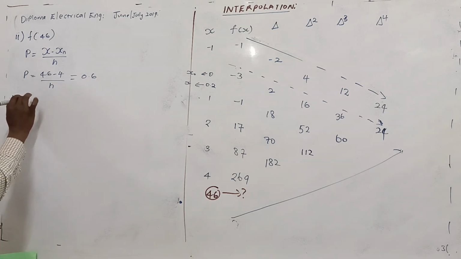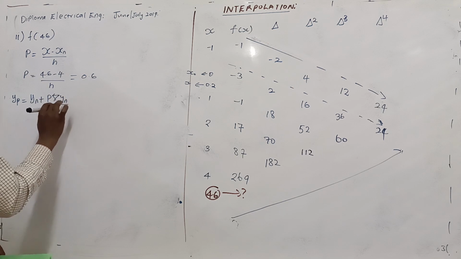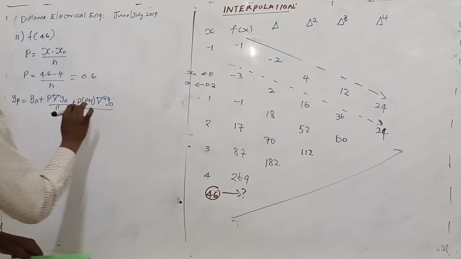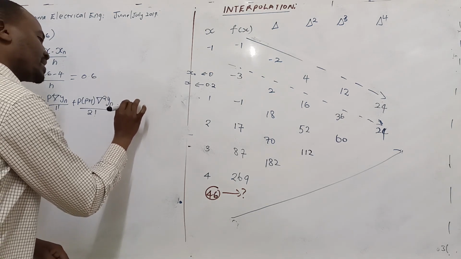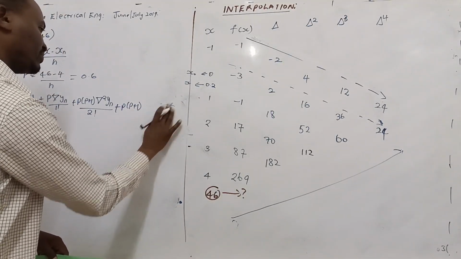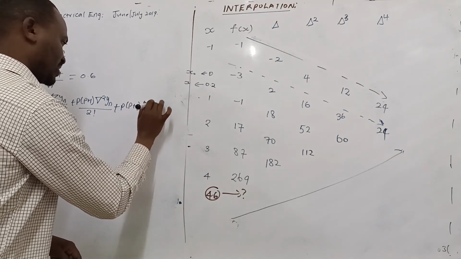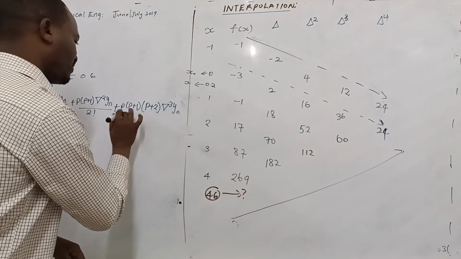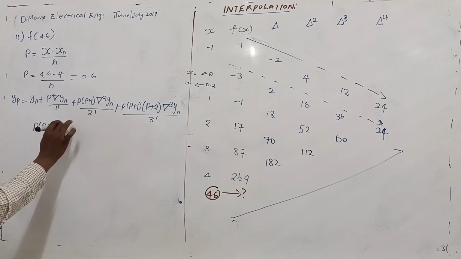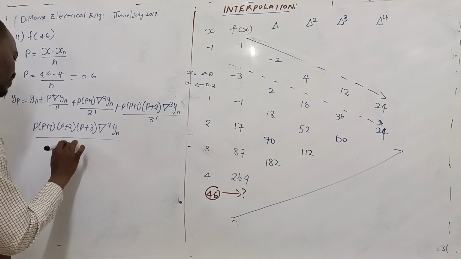Our yp, according to the formula, is yn plus p times the first backward difference of yn over 1 factorial, plus p plus 1, p times the second backward difference of yn over 2 factorial, plus p, p plus 1, p plus 2, times the third backward difference of yn over 3 factorial, plus p, p plus 1, p plus 2, p plus 3, times the fourth backward difference of yn all over 4 factorial.